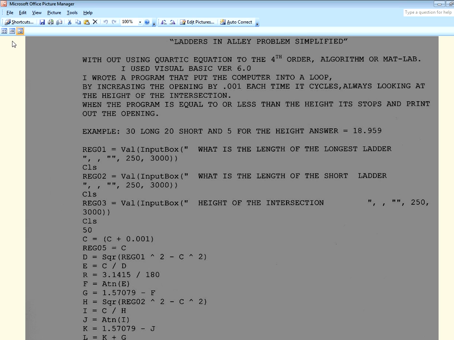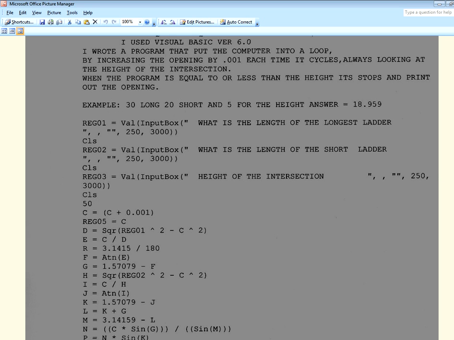So if you close up the opening of the alleyway like a pair of scissors, it's going to raise that 5 inches up in the air. And every time this computer goes into a loop, it does all these right triangles, and it keeps on looking at that 5 inches. And when it's equal to or less than, it stops and prints out the answer, which is very unique in its own right.